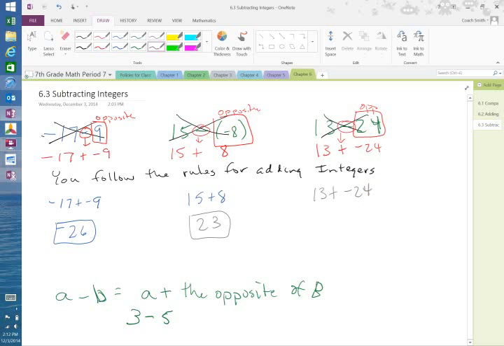Now, here's the part that people start getting confused with. Because what is the rule? Don't tell me the problem. What is the rule when you have a positive and negative number and you're adding them? What are you supposed to do? Trinity. Subtract what?